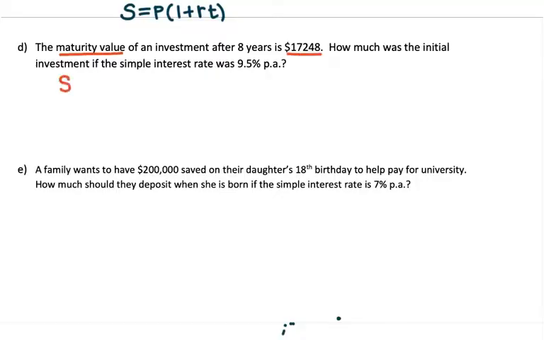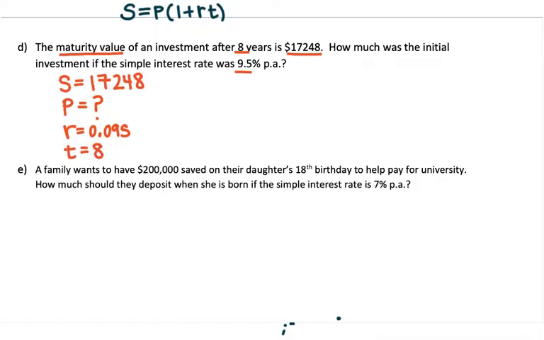They're telling us the future value is 17,248, and they're asking us to go backwards and figure out, well, what was the initial investment? What was the starting amount? And they say the interest rate was 0.095, and then they also tell us it was 8 years, so T equals 8.